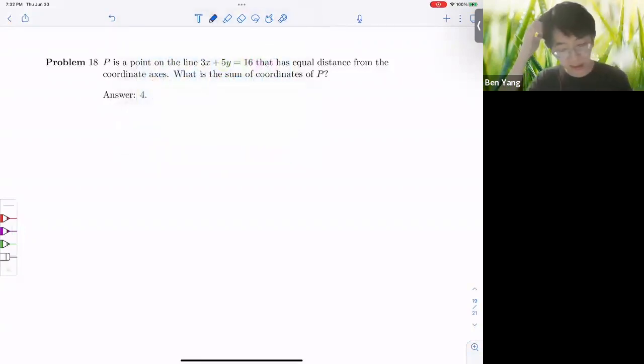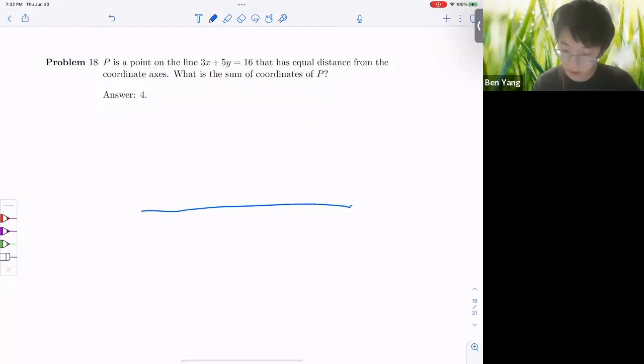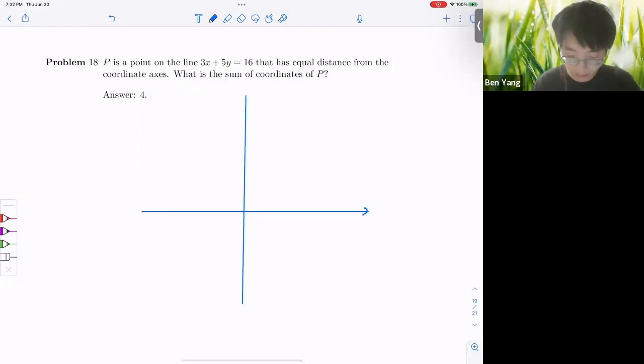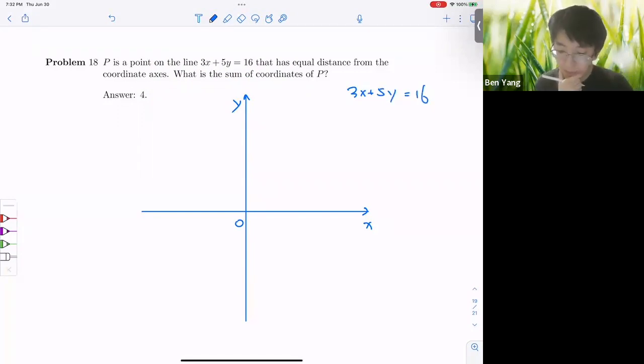Okay, it's a good idea to draw the graph here, just to get a sense of what's going on. Coordinates x, y, 3x plus 5y equals 16. Let's see, we do have the point (2, 2). That is on the line. So this point is (2, 2).